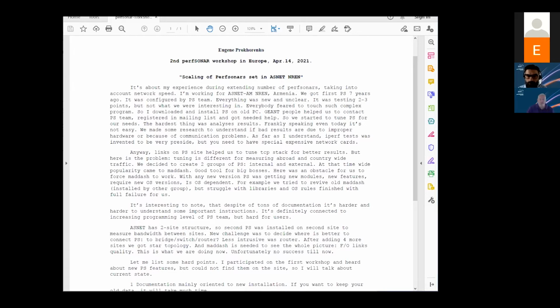In this case, for perfSONAR, it depends on the OSPF settings, because between two points our perfSONAR traffic can go in different ways. So maybe today I have traffic on one line, and the other day on the other line. That is how we started our activity in this way.